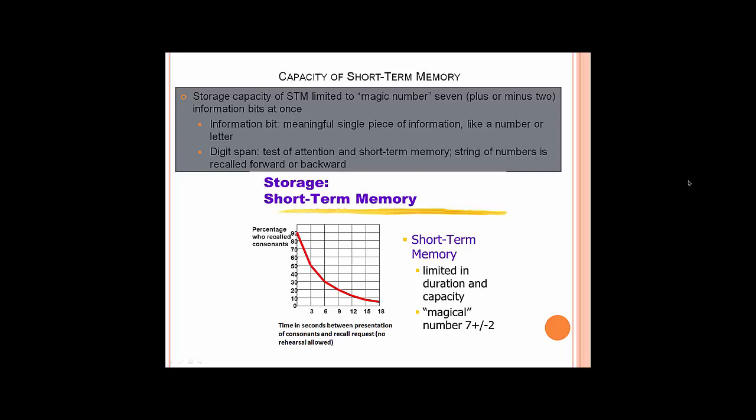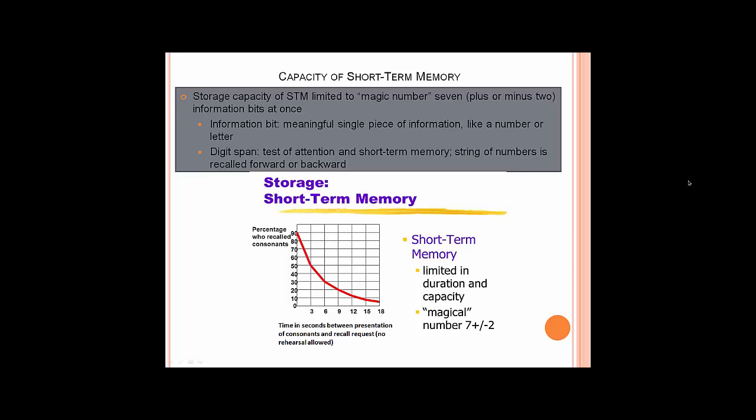Digit span, in fact, is one of the 10 basic tests on what's called the WAIS or the WISC. The WAIS is the Wechsler Adult Intelligence Scale, and the WISC is the Wechsler Intelligence Scale for Children. So in both, there's something called the digit span.